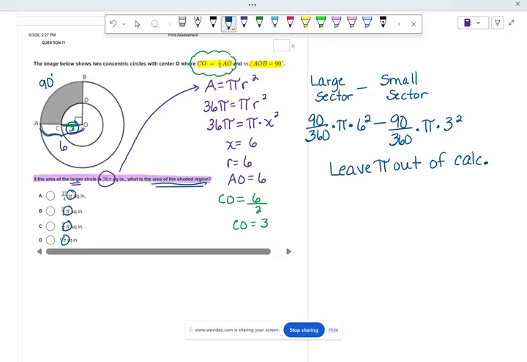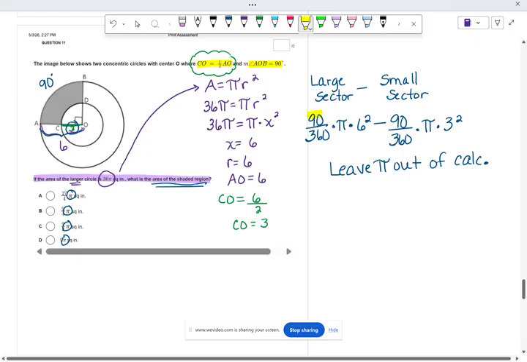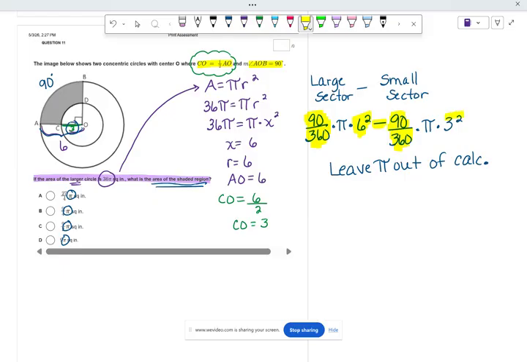If you type in what I have highlighted, 90 divided by 360 times 6 squared minus 90 divided by 360 times 3 squared, you're going to get 27 over 4. Then you have to put the pi on your answer.